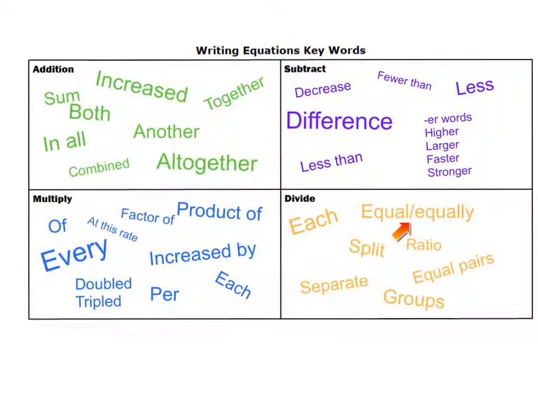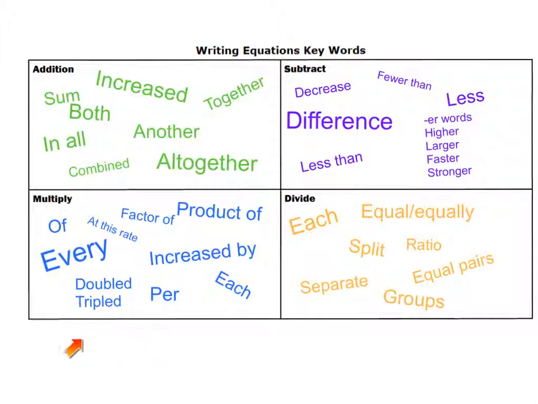Each, equal, equally, split, ratio, equal pairs, groups, separate. Those are all some kind of keywords that help you know that you're talking about division. Now I want to add something to this, and looking at your paper, you probably have room to add just a little bit. On the margin over here, we're going to put a couple of keywords for equal.